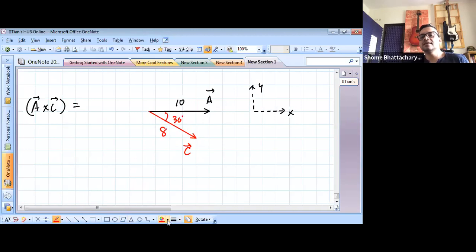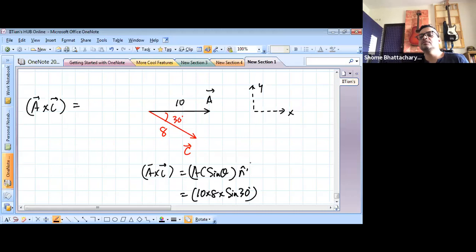So you can see in this diagram now, A cross C will become AC sine 30 times some different unit vector, n prime, let's say. Okay, so this is 10 into 8 into sine 30, and where will this unit vector be now?